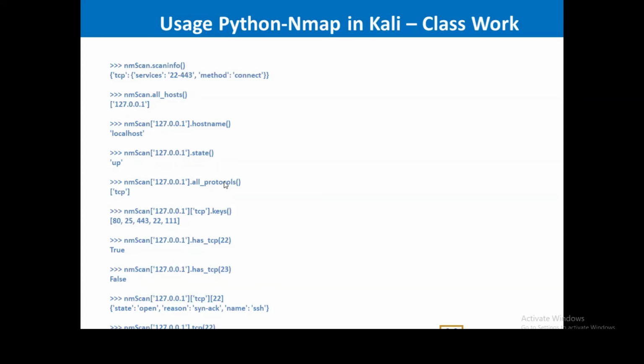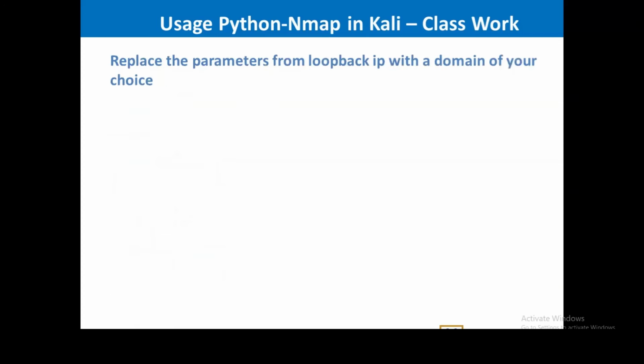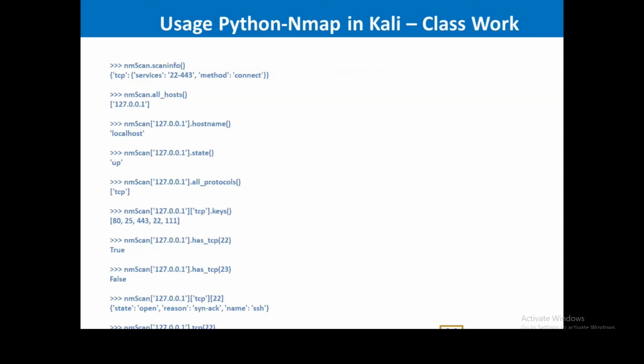When you're done, you need to replace all the parameters from the loopback IP with a domain of your choice. You can try cybersecurity.com, and if you have a personal domain that you want to work with, not a sensitive domain that can trigger an alert, you can replace it with such a domain.